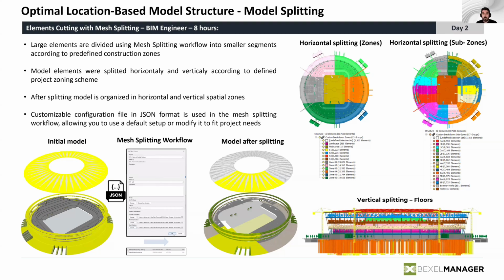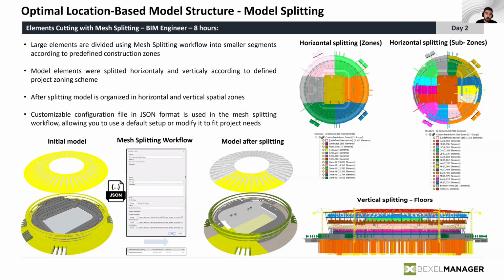So the first thing we had to do is, because we didn't have control of the original model, we had to split model elements into smaller pieces to create the logical zones or tacts, to simply make the model useful for the construction sequence planning in the future.